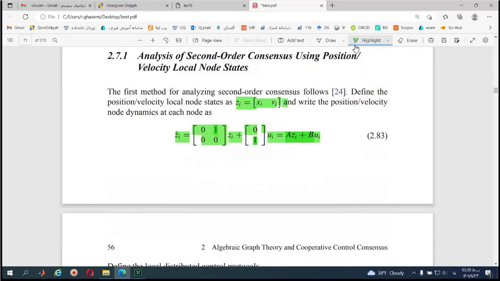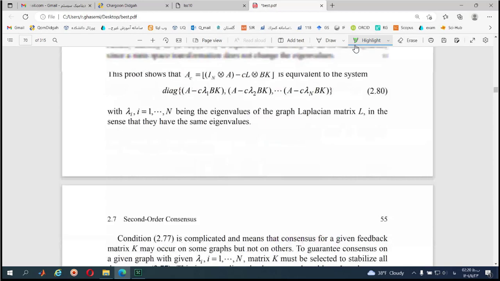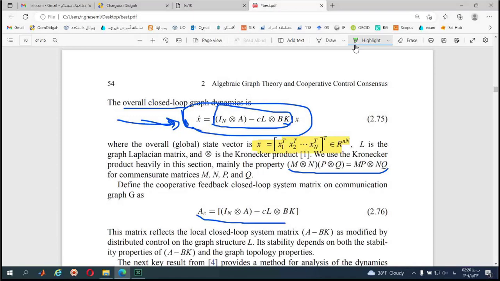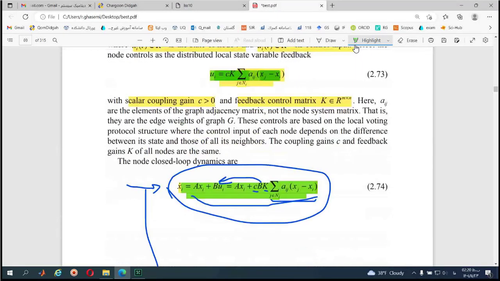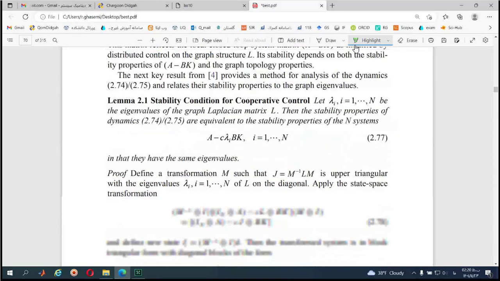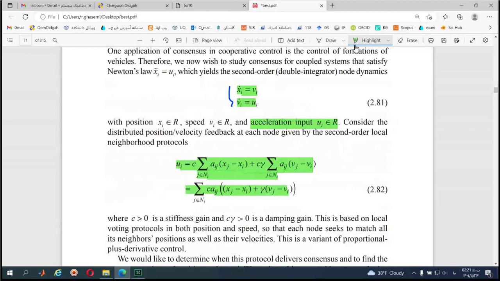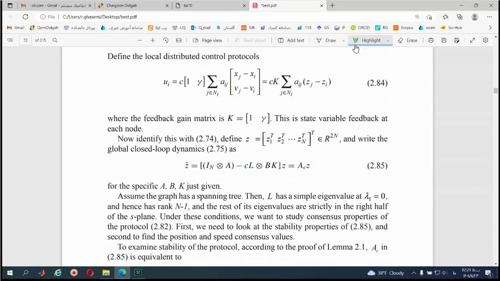Based on this dynamic, we see this dynamic in this equation. Based on this controller, xi and xj equal to vi and vj. Okay, in the closed loop of the system, the input of the system becomes c.